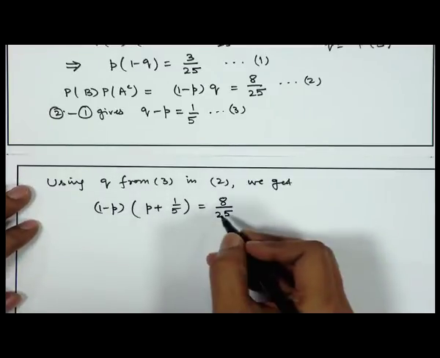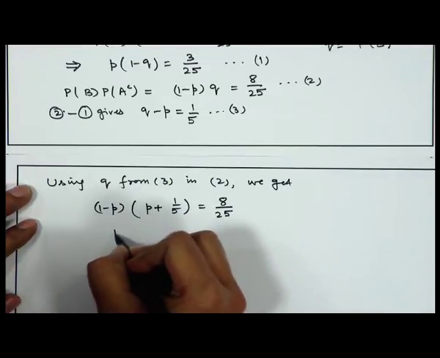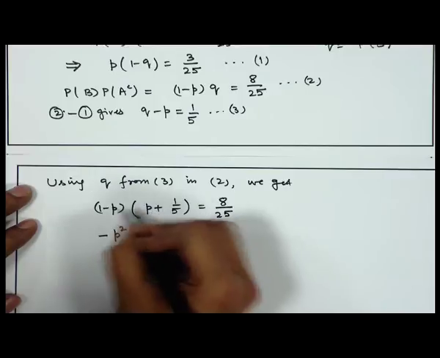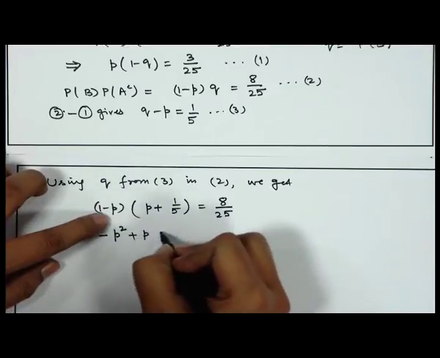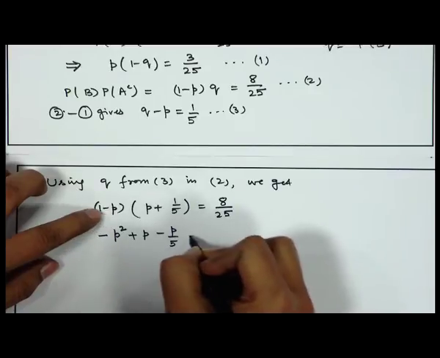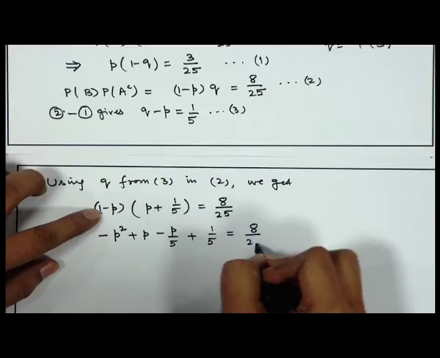This is a simple quadratic equation. You can actually write it: minus P square plus P minus P by 5 plus 1 by 5 is equal to 8 by 25.